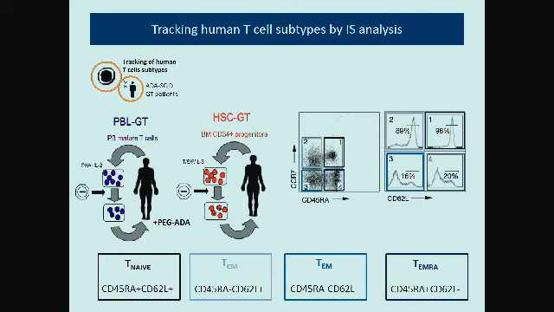And in particular, in the first trial, these patients are missing hematopoietic progenitors and precursors. So what happens is that if you detect a T cell in these patients many years after the infusion, these T cells must have survived for a long period of time in the peripheral blood.